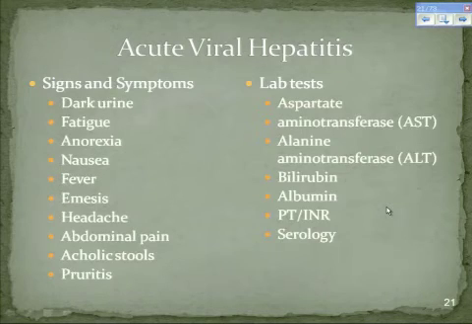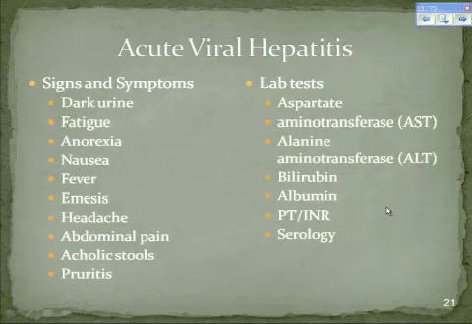Signs and symptoms you see with viral hepatitis: your urine begins to turn dark because the conjugated bilirubin begins to accumulate, saturates, and eventually starts being excreted, even though it's lipid soluble. Fatigue and anorexia are evident because your body can't get rid of a lot of toxins and you're not producing enough essential nutrients for the body.